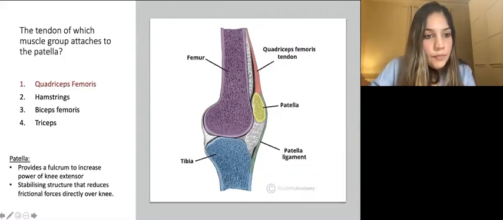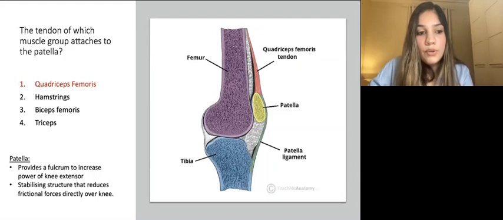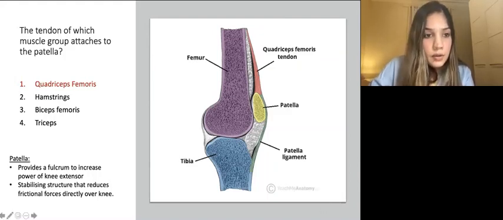It's the quadriceps femoris tendon, and the role of the patella, the kneecap, is to increase the power of the knee extensor, and it basically stabilizes the knee joint to reduce any frictional forces that go over the knee.